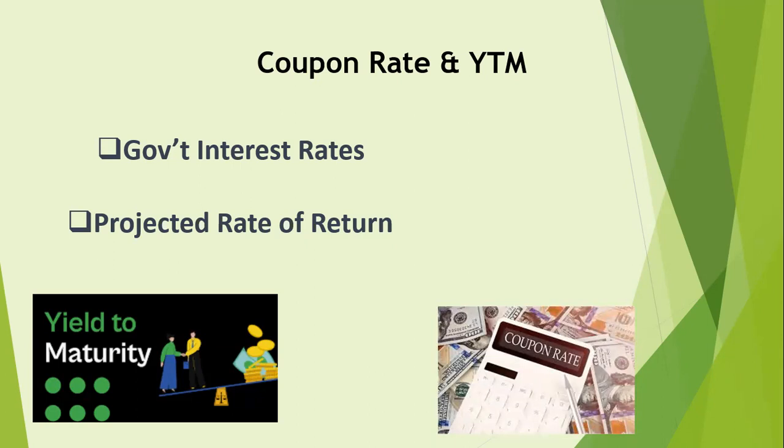The yield to maturity, or the YTM, is a projected rate of return that assumes the bondholder will retain the bond until it matures and reinvest all interest payments at the same rate. Therefore, the yield to maturity encompasses the coupon rate as part of its calculation.